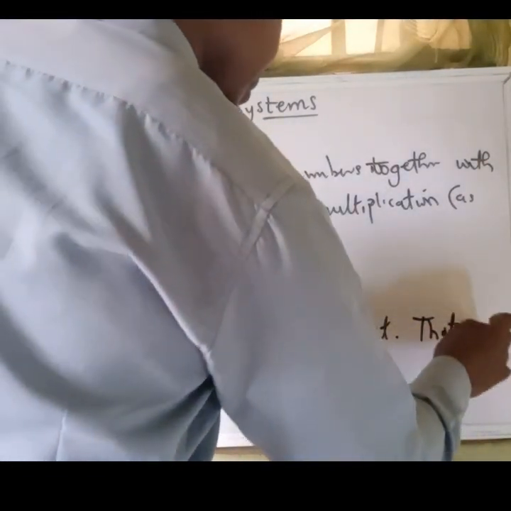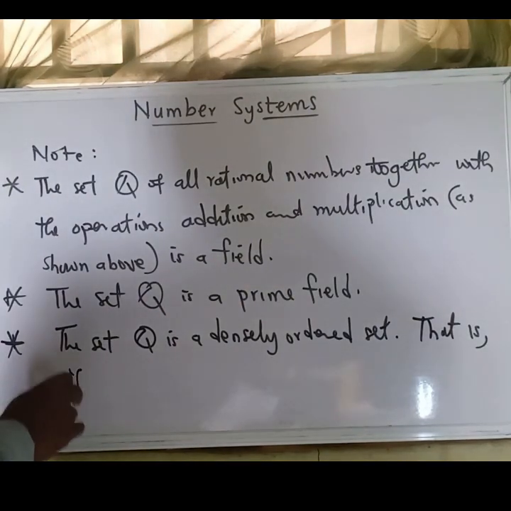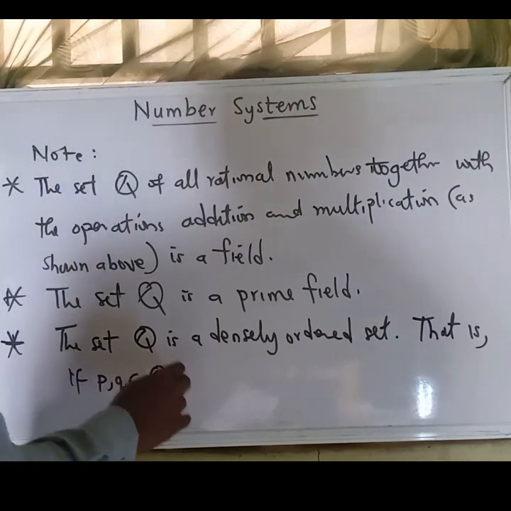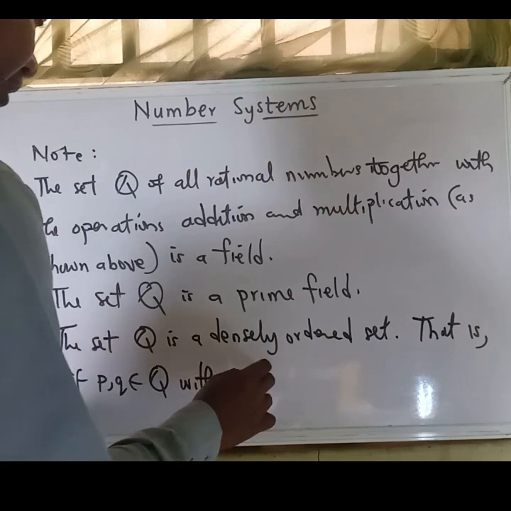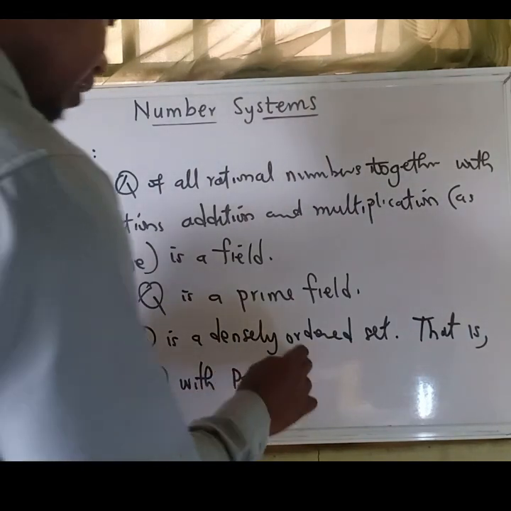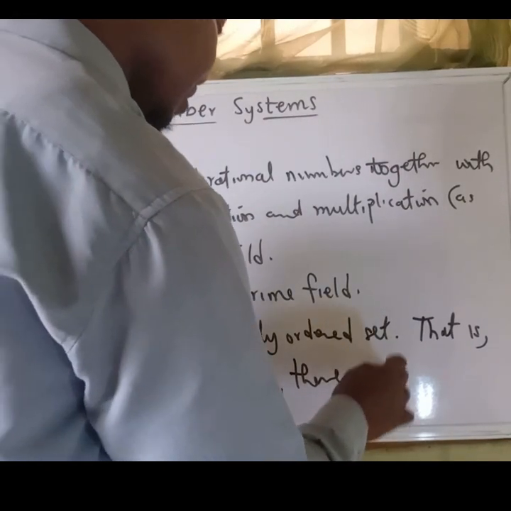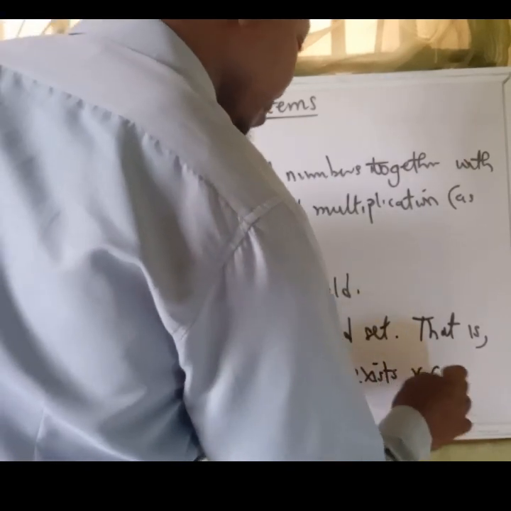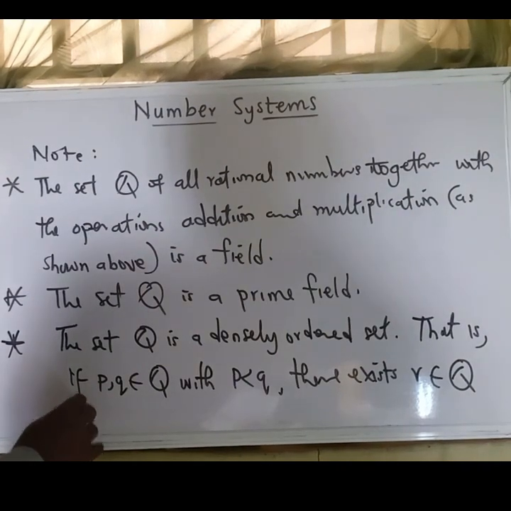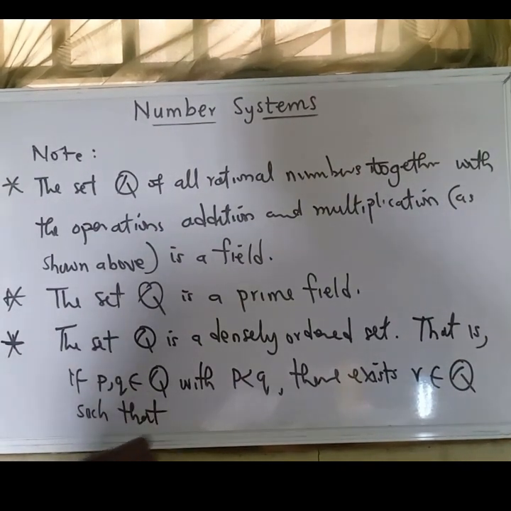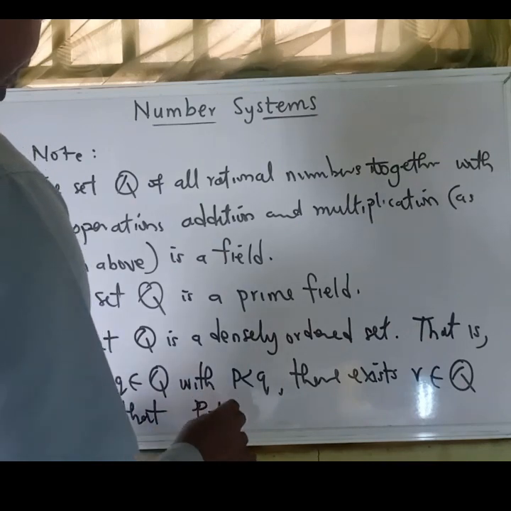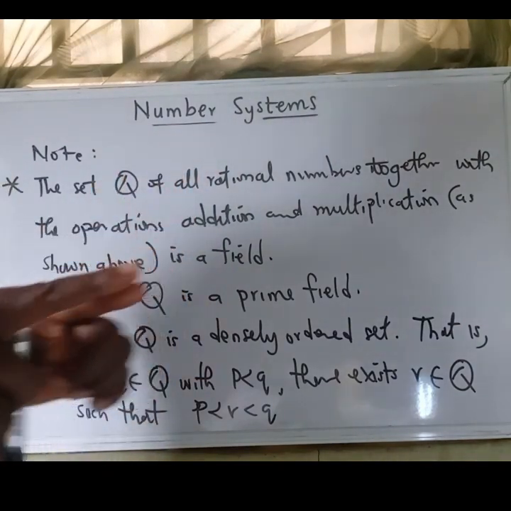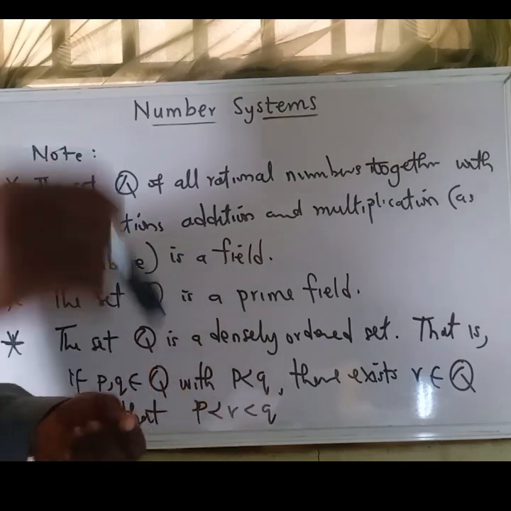That is, if P and Q are elements of Q with P less than Q, then there exists another number, this time let's say R, in Q such that P is less than R, less than Q. So it means any two rational numbers we pick, no matter how close they are, in between them there is another rational number.